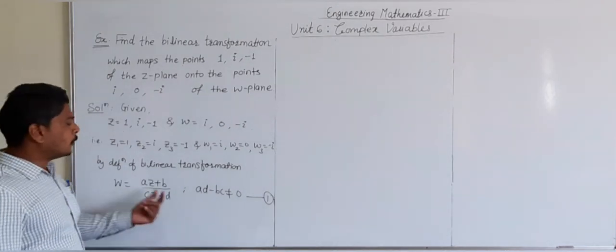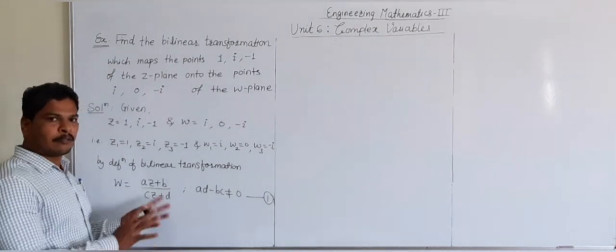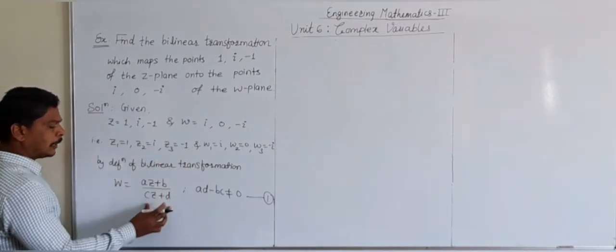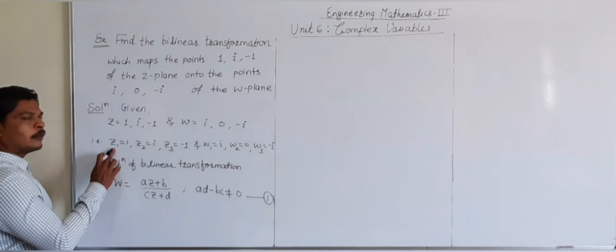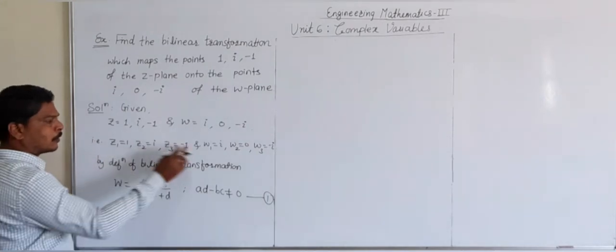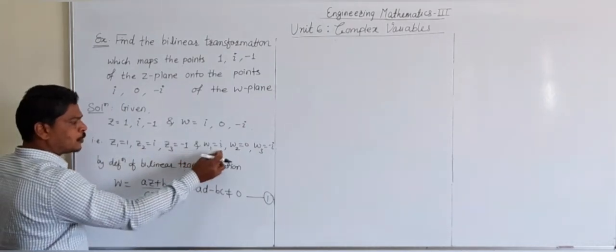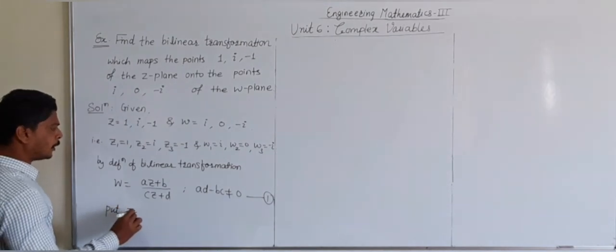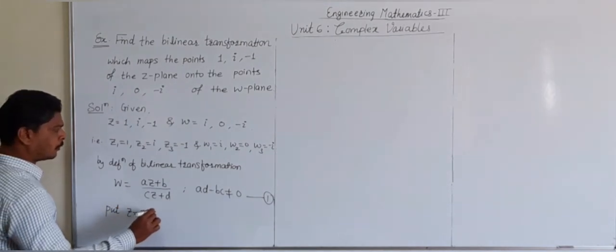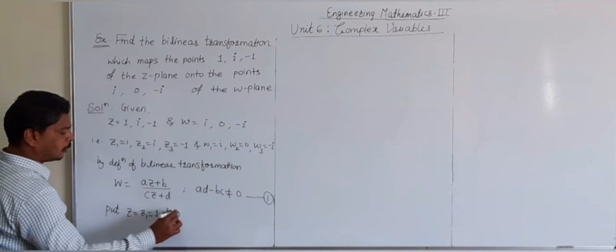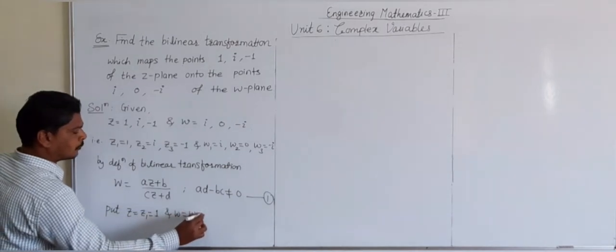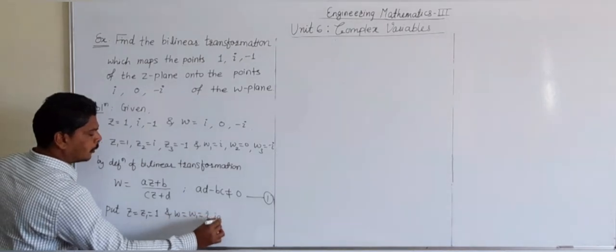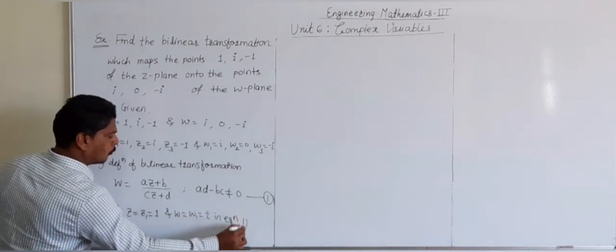In this method we are using one by one the corresponding values of z and w in this equation. So the first value of z is z1 which is 1 and the corresponding value of w is w1 which is i. So put z is equal to z1 is equal to 1 and w is equal to w1 is equal to i in equation 1.